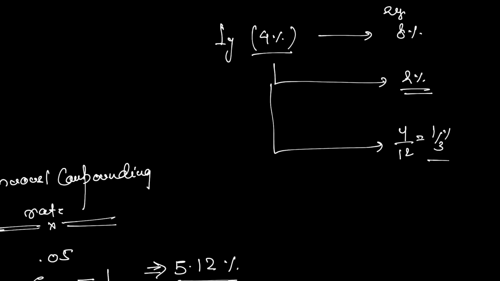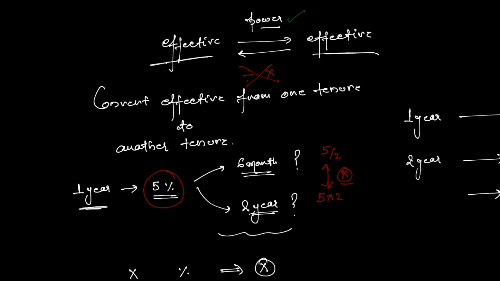Simple multiplication and division. Okay, let's have a recap. If you're moving from effective of one tenure to effective of another tenure, you only play with power. The multiplication and division is not allowed.